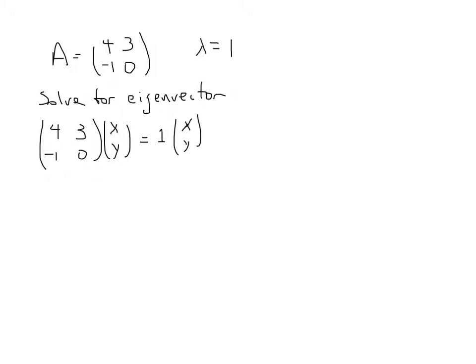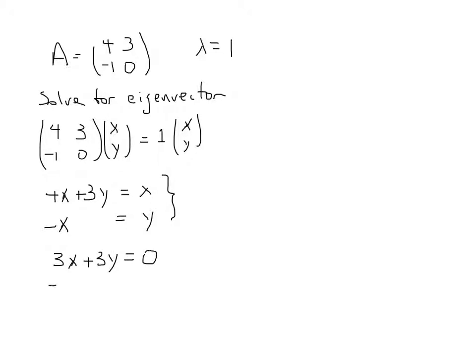Writing this as a system, I have 4x plus 3y is equal to x, and I have minus x plus 0y is equal to y. And taking this and bringing the x and y to the other side, I have that 3x plus 3y is equal to 0.